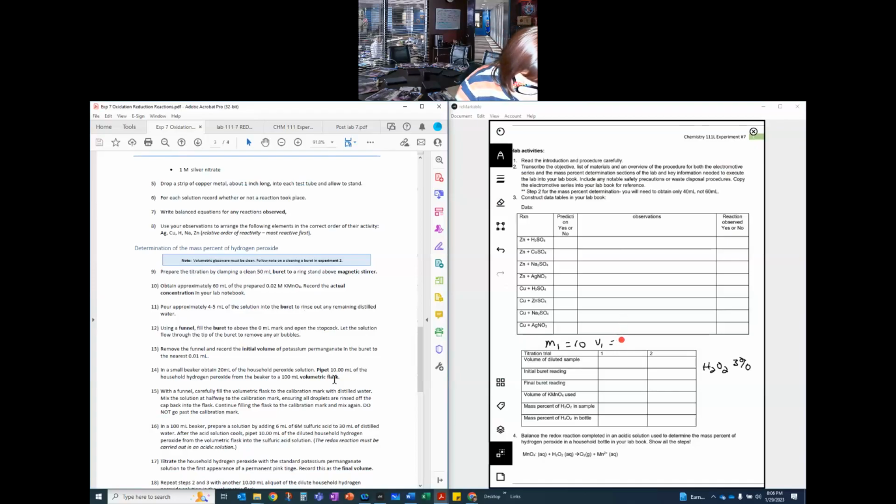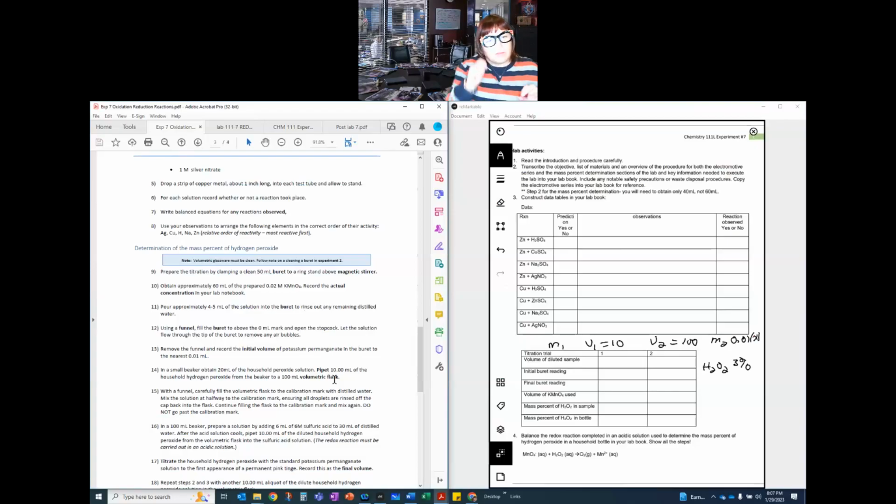This is the actual value that should be here. It's roughly 2%. M1, we have our V1 equals 10, our V2 equals 100. And so M2 is going to be 0.01 times that value that you have.